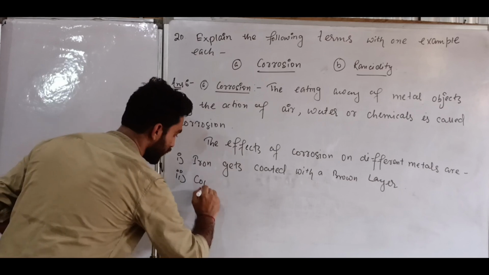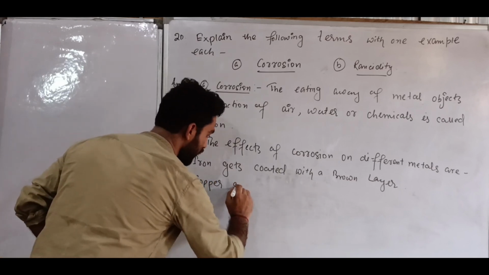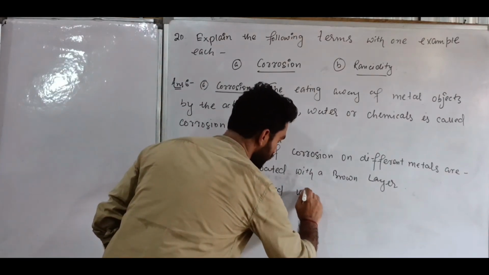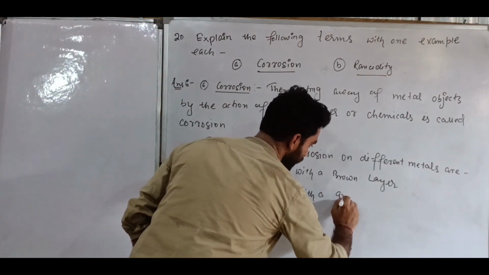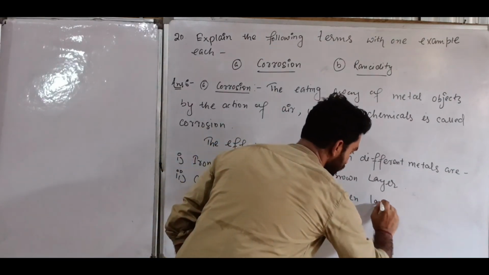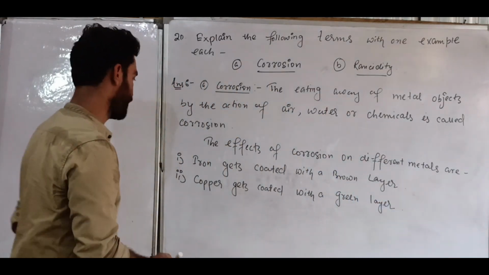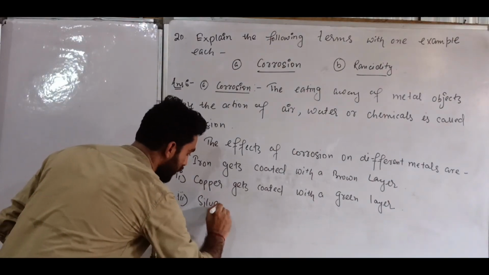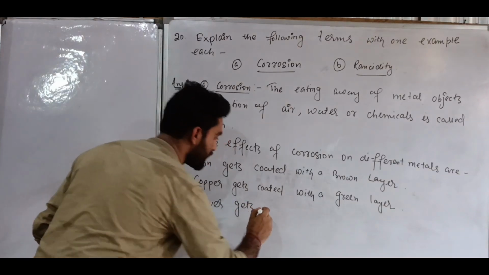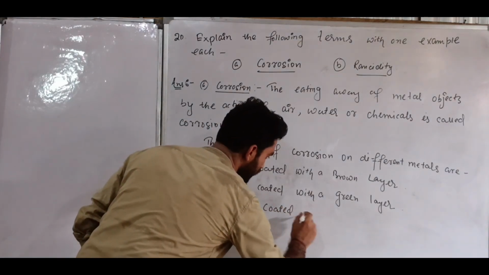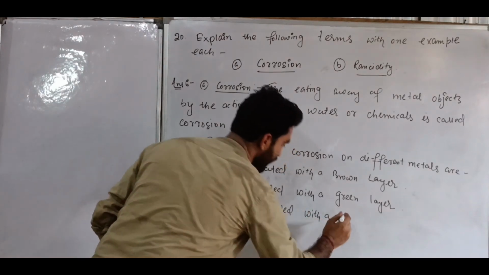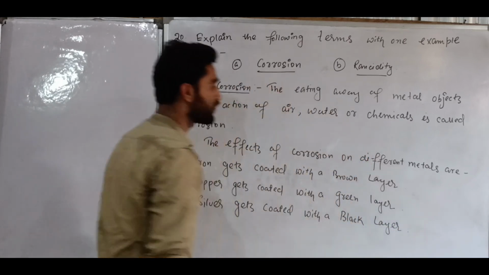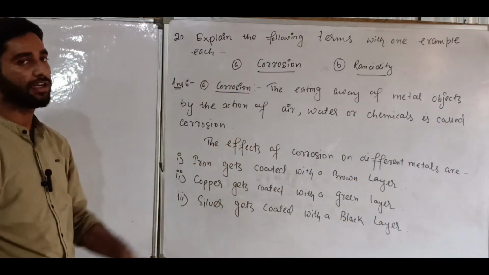Next, copper gets coated with a green layer. Next, silver gets coated with a black layer. So these are the different effects of corrosion on different metals.